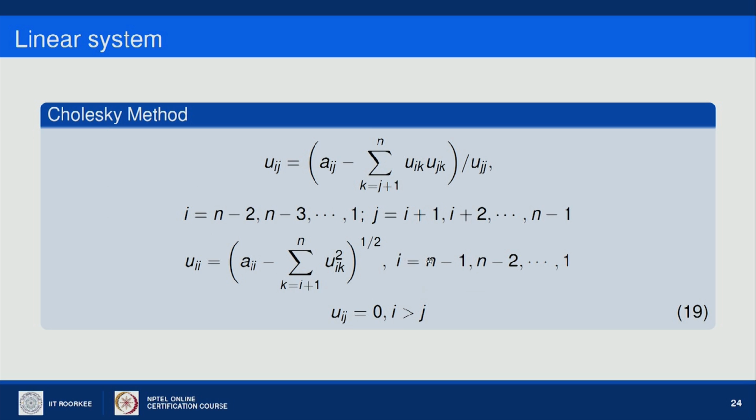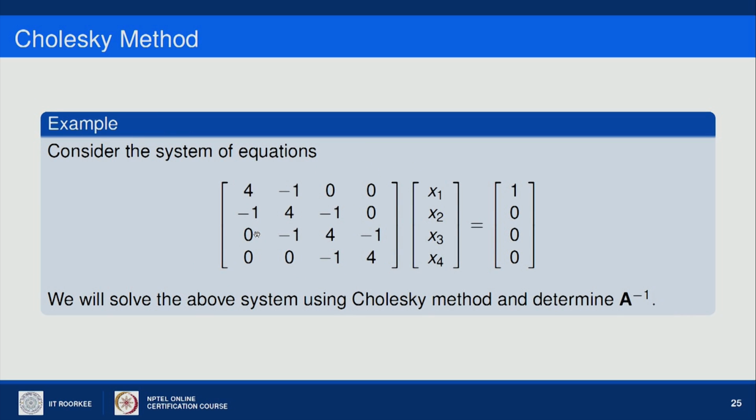So, these are the working process equations to find the entries in the Cholesky method. It will be the same as we did in the Crout method, and the only change will be due to the symmetric property of A. Consider this example, a 4 by 4 system. The coefficient matrix is a tridiagonal matrix, and it is a symmetric matrix.